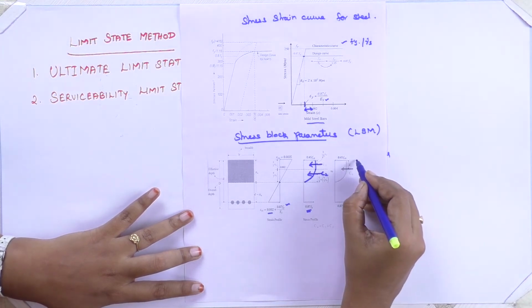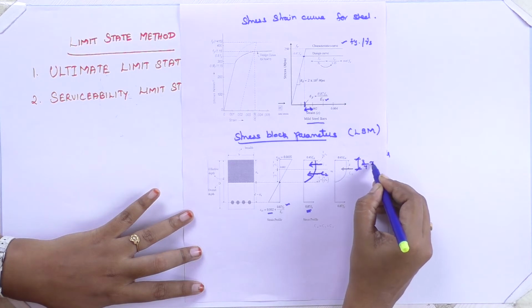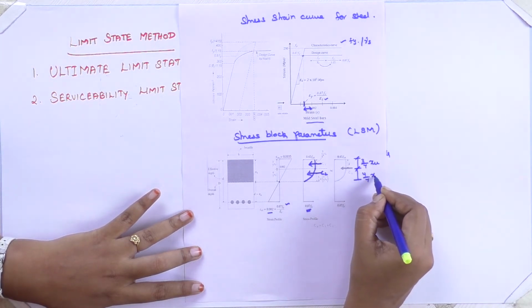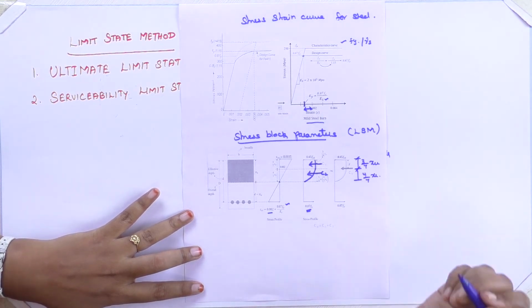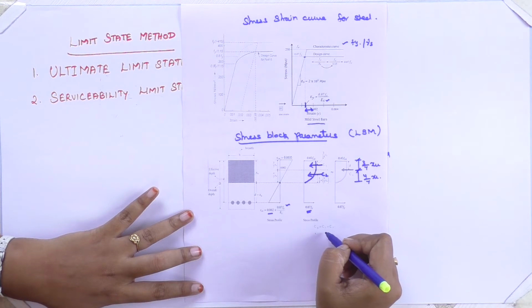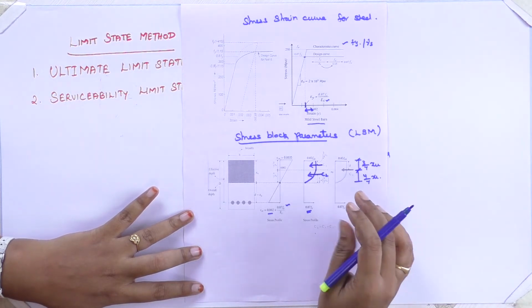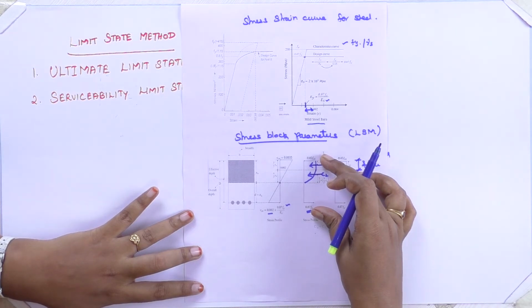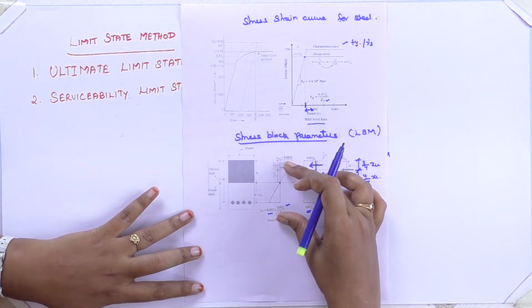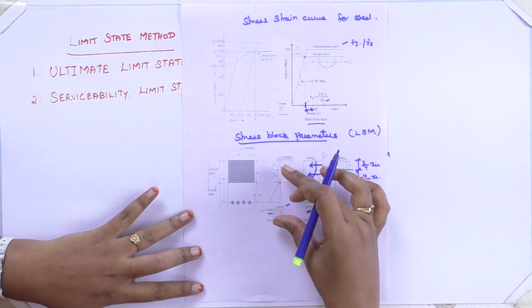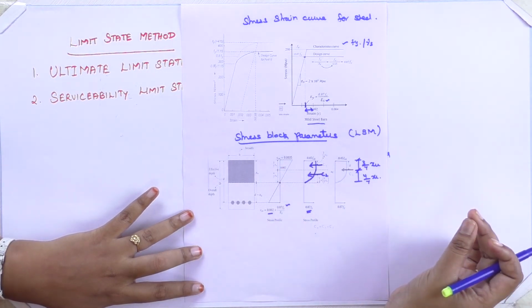So this C will be acting at a distance of 3/7 of XU, and at the bottom 4/7 of XU. When you take the compression, Cu, the ultimate, is equal to C1 plus C2. This is the stress block and strain block for the limit state method of a singly reinforced section.